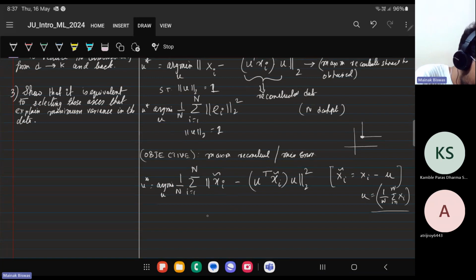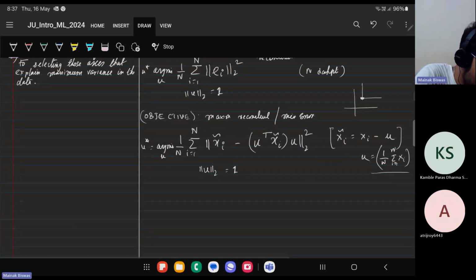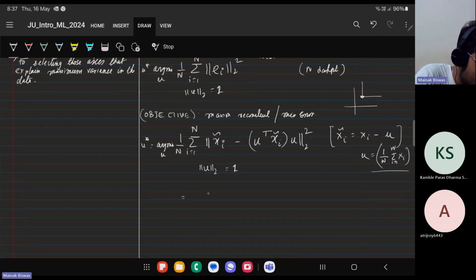So let us derive the cost now. Can I write this as xi tilde minus u transpose xi tilde u, whole transpose, times xi tilde minus u transpose xi tilde u?